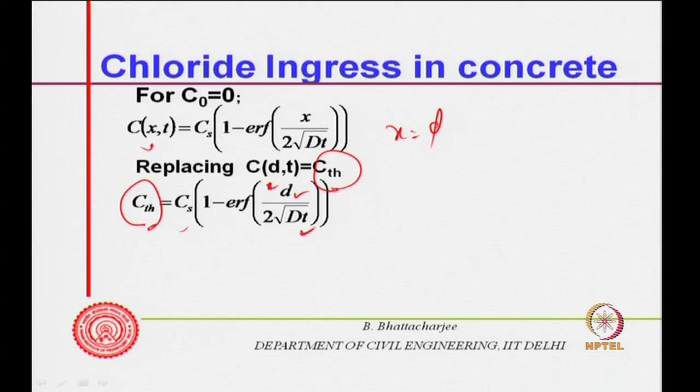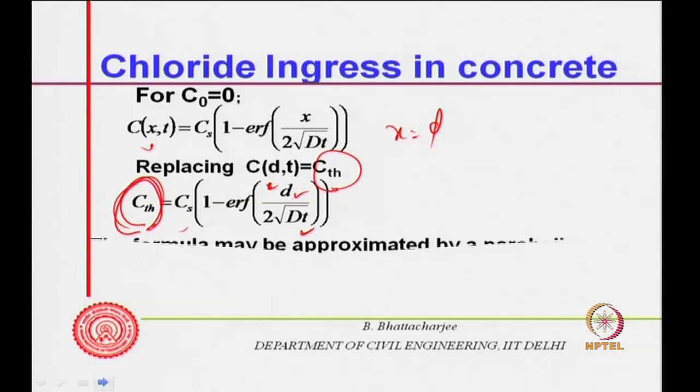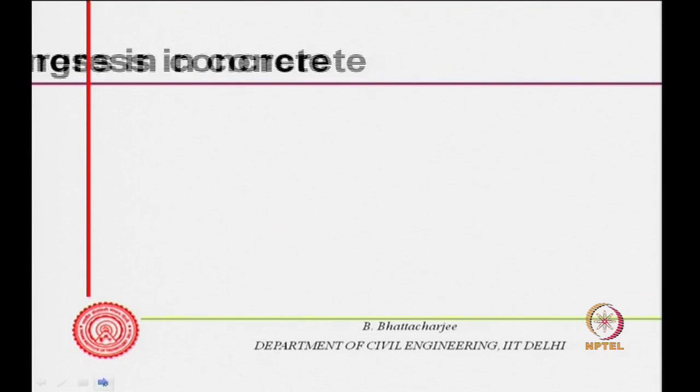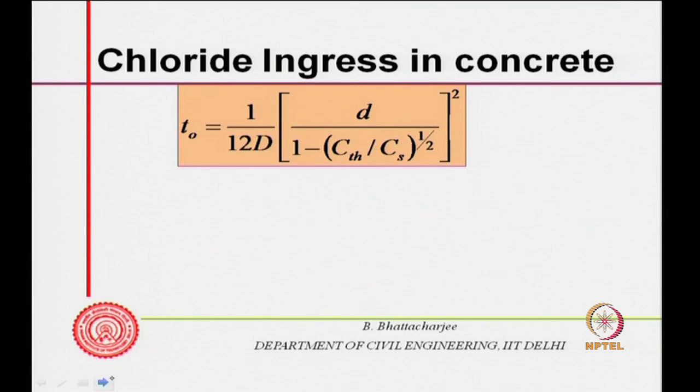Then this t is the service life. When the chloride level at the rebar level, d being the cover depth, has reached the threshold. And one can actually approximate the formula by a parabolic function for this error function, and you can get an expression for service life like this, right.